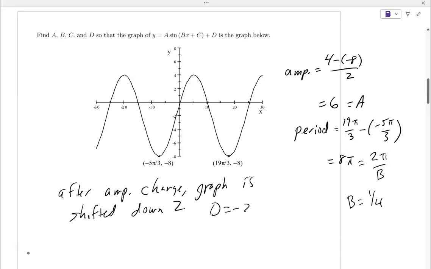So your D is -2. Does that make sense what I'm saying? We went from -1 to 1 to -6 to 6 and then 4 to -8. We stretched it and then shifted it.